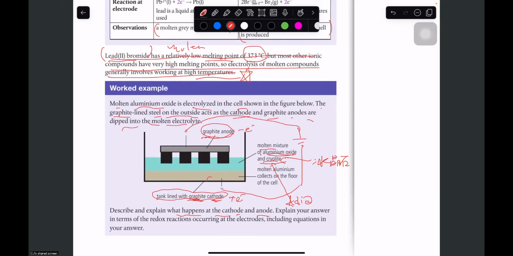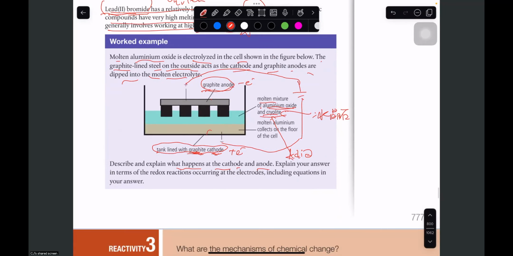The second type we use is lead bromide. We use graphite to make the electrodes, and we supply electricity to it, and we can ionize the molten lead bromide to produce lead and bromine.